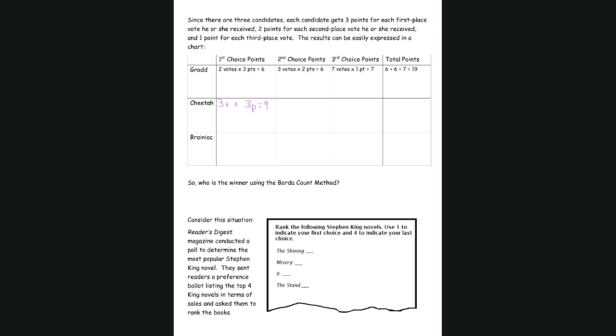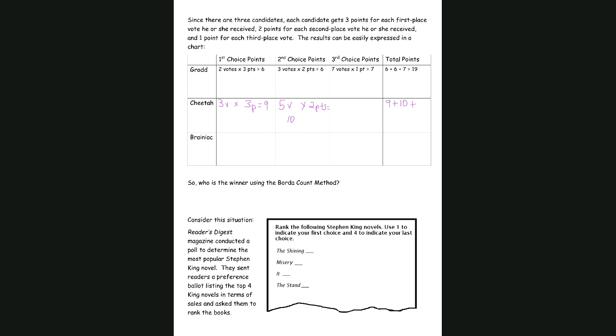I'm going to add to that. All right. So now, what do we say? She had 5 votes for second place. So that's going to be 5 votes times 2 points. So that's going to give me 10. So 10 points.